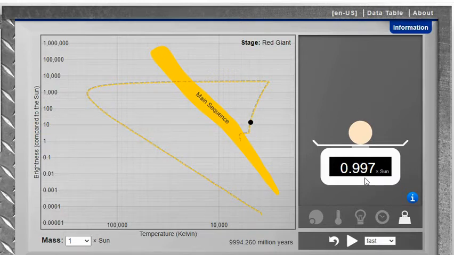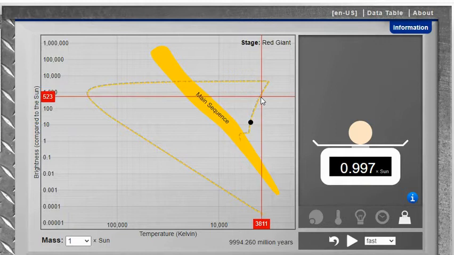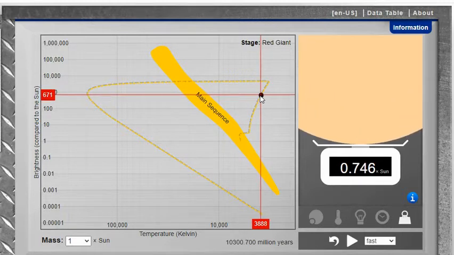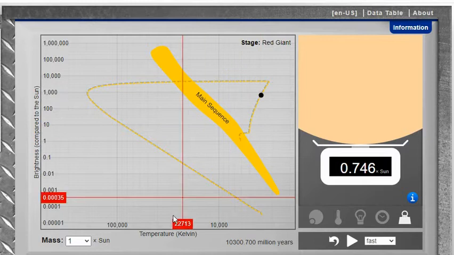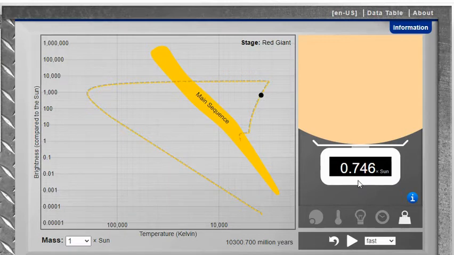It lost 3/1000ths of its mass in basically 10 billion years. 9,999.4 million years is basically 10 billion years, and it only lost 0.003 times its mass. If I come up here, it's lost a lot in just adding another few hundred million years. It lost a big percentage of its mass.